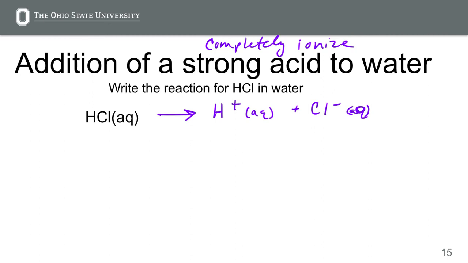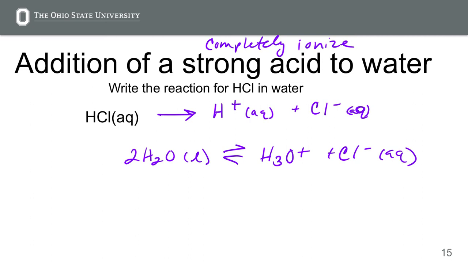Because we're adding H plus or H3O plus to our solution, and because our autoionization of water happens to such a small extent, again, thinking about H plus and H3O plus as interchangeable, when we add a strong acid to water, we don't really need to consider this equilibrium of the autoionization of water, as long as this strong acid concentration is high.